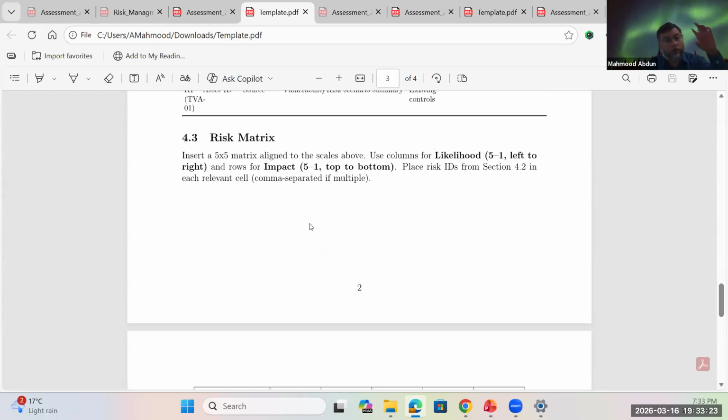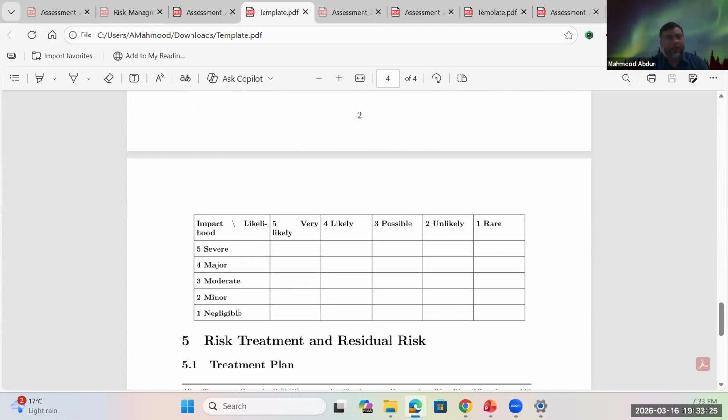In 4.3, you use those values in this scale of severity of impact from 5 to 1 and likelihood of the occurrence from 5 to 1.